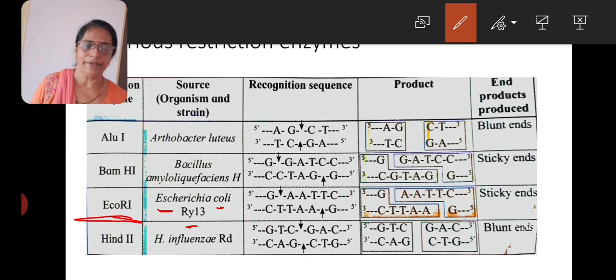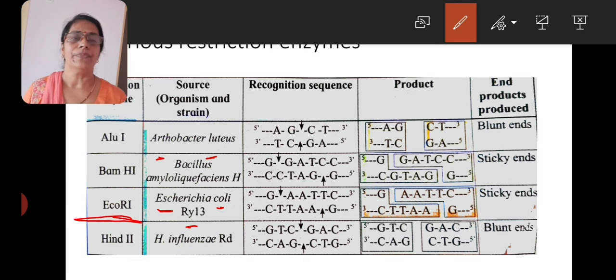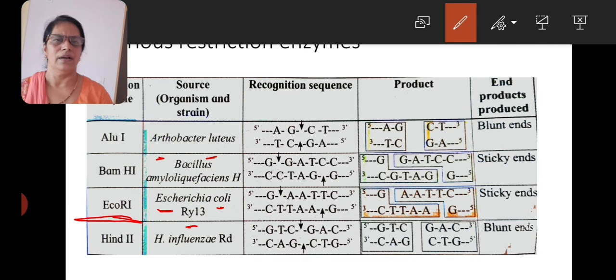Generally, there are different types of endonuclease enzyme: type first, second and third. Generally, type second is used in recombinant DNA technology. Here, Alu I: A stands for the first letter of the genus, and LU is selected for luteus. This is selected for the nomenclature.